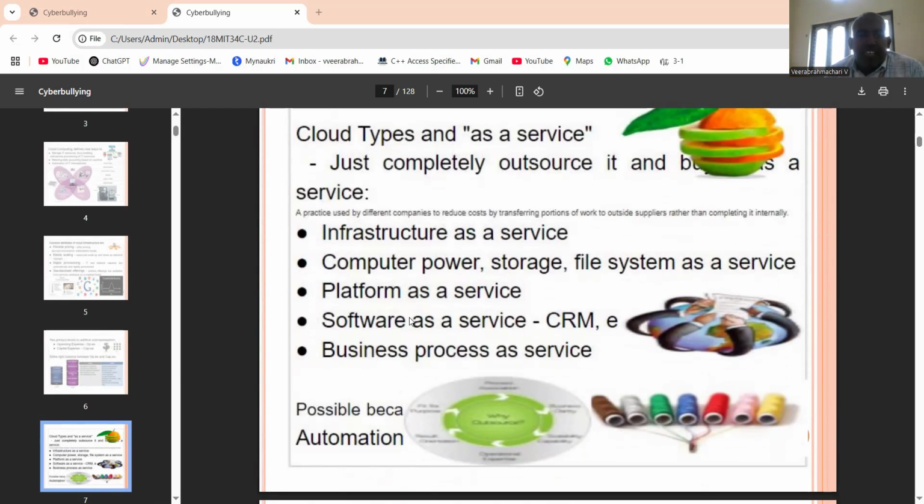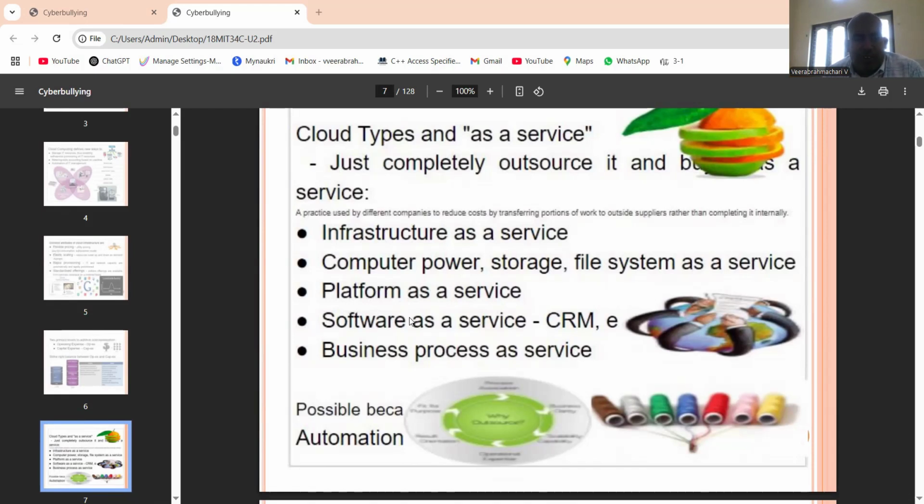The first one is IaaS, meaning infrastructure as a service. We use it for computer power, storage and file system as a service.